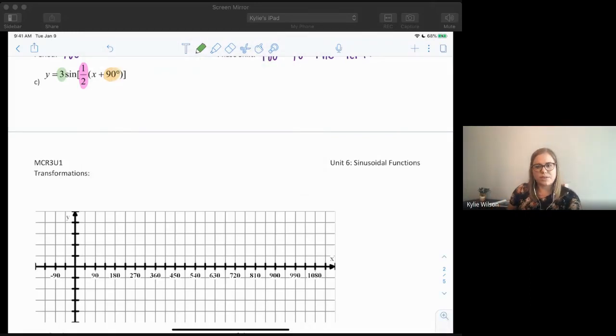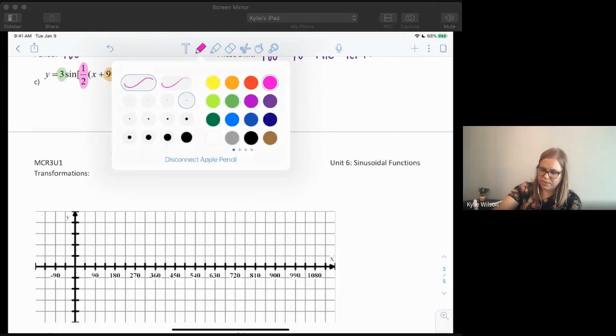All right, let's go through some transformations. So a is positive, so we don't need to worry about any sort of reflection in the x-axis, but we do have a vertical stretch by 3 because of our a value being 3.